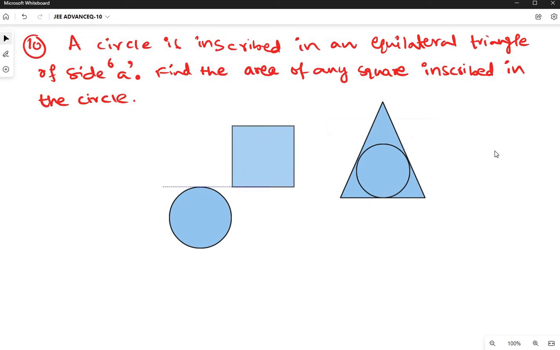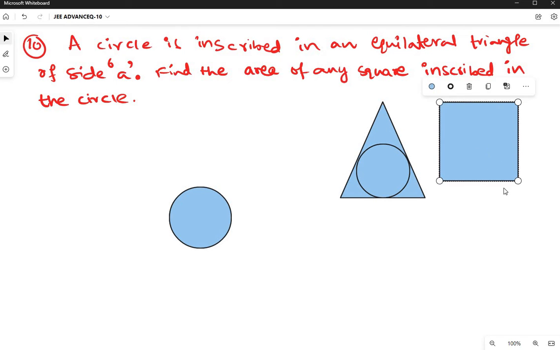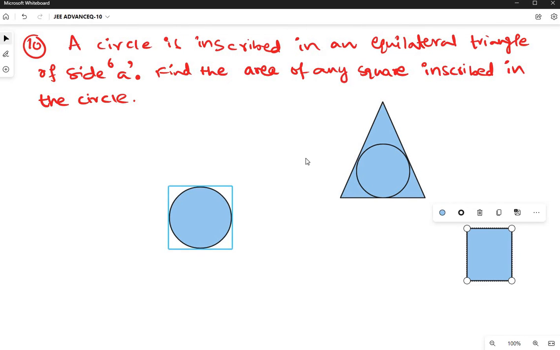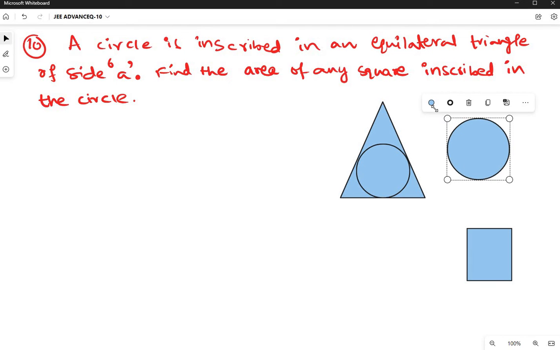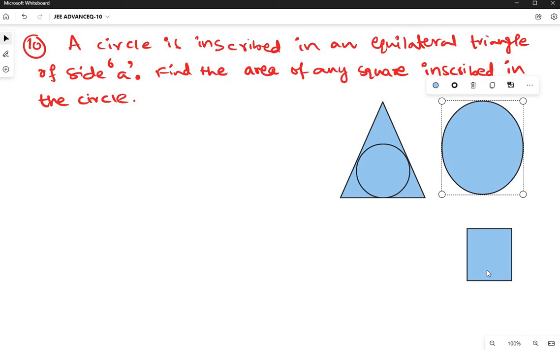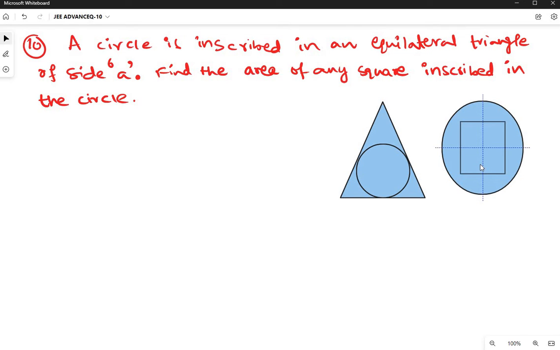Next, again take a square, and draw the circle so that the square is inside. So we draw it again in this case.